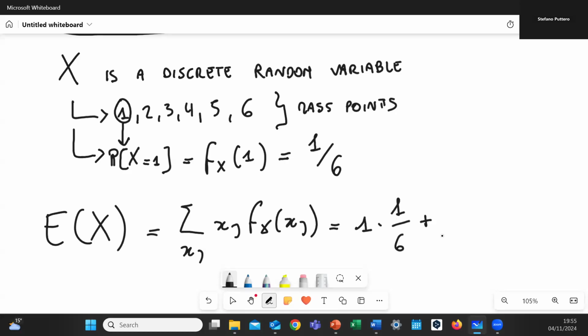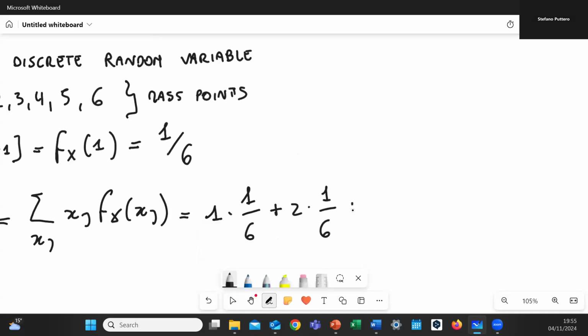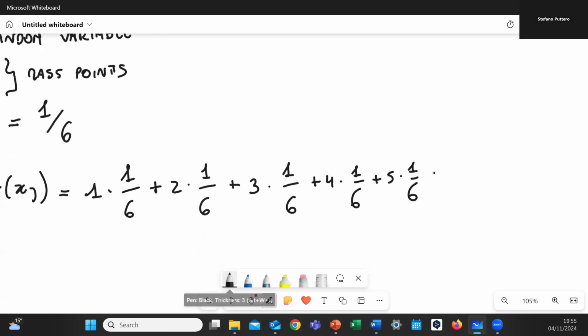Then plus the second side of the die, 2 multiplied by 1 over 6. Then the third side, 3 multiplied by 1 over 6, plus 4 multiplied by 1 over 6, plus 5 multiplied by 1 over 6, plus 6 multiplied by 1 over 6. And all this is equal to 7 over 2.